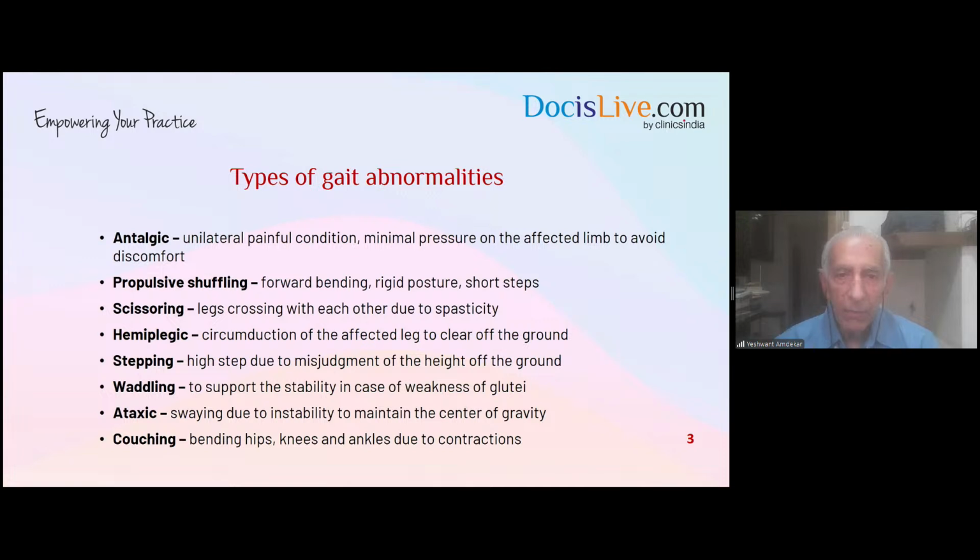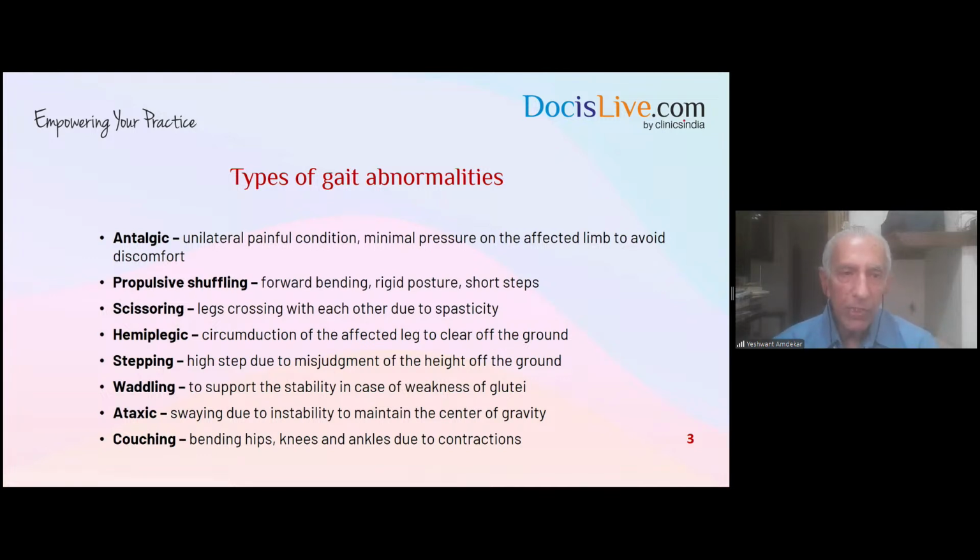Because of the paralysis of one side, he almost lifts up his affected limb and cannot put it straight onto the ground, but has to circumduct to clear the ground.